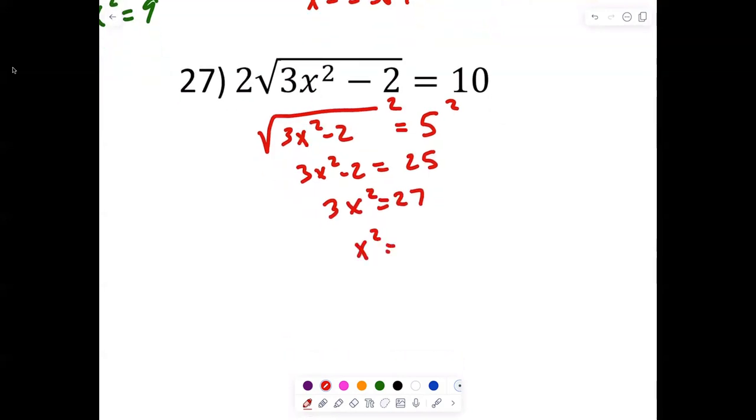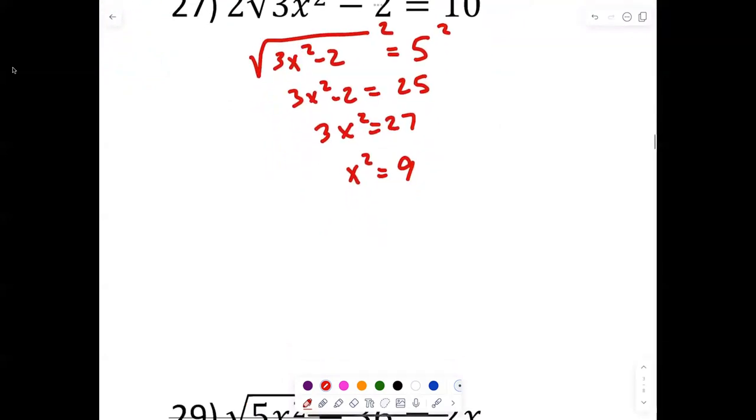So x squared equals 9. Exactly. So now what does x equal? Plus or minus what? 3. Yeah, square root of 9. Square root of 9 is what though? 3. All right, any questions with that? That was considered pretty hard.